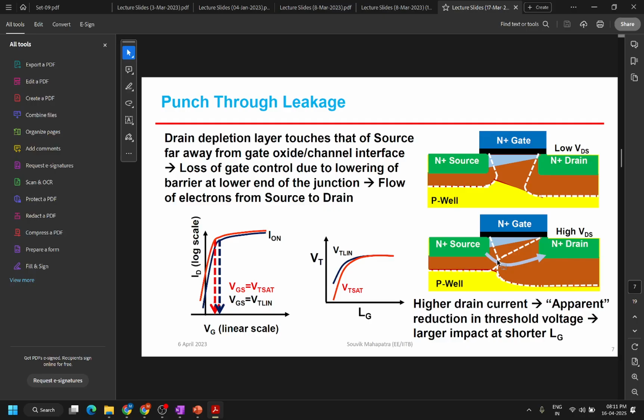So your charges here are seeing effect from both your source and drain. So now, apart from your channel, there's another path for your current to go from your source to your drain. So it causes a shortening of your threshold voltage. So the channel becomes on quicker.